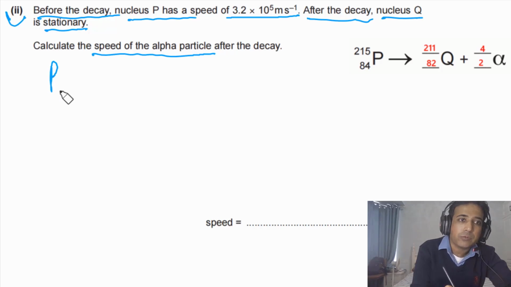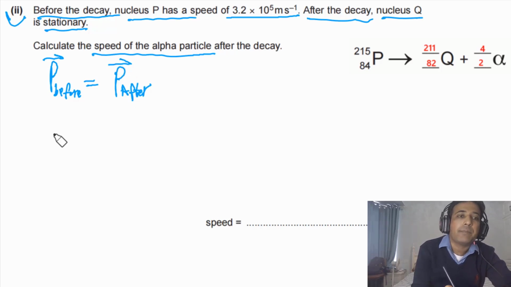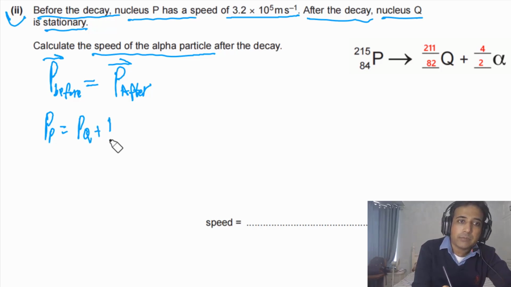According to conservation of momentum, the vector quantity momentum before decay has to be equal to the vector sum of momenta after decay. Direction is very important. So momentum of P has to be equal to momentum of Q plus momentum of the alpha particle.